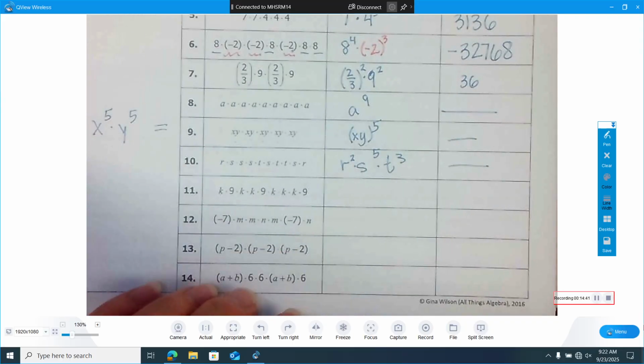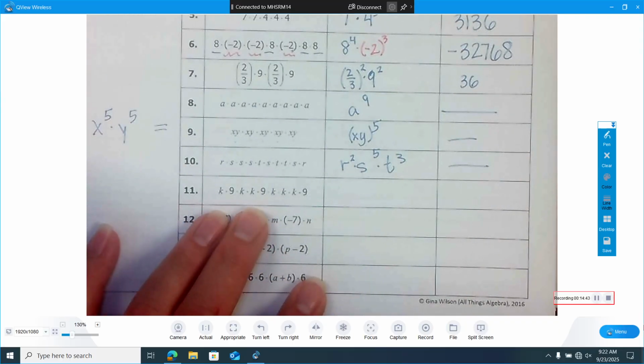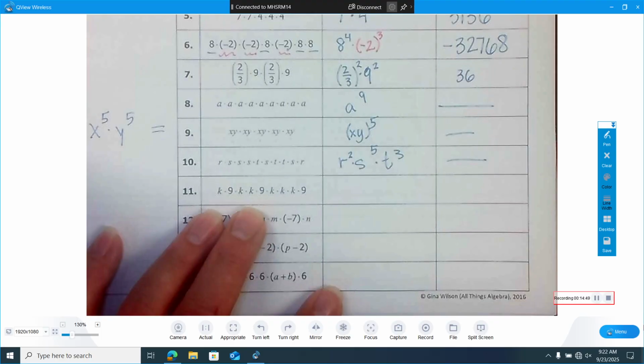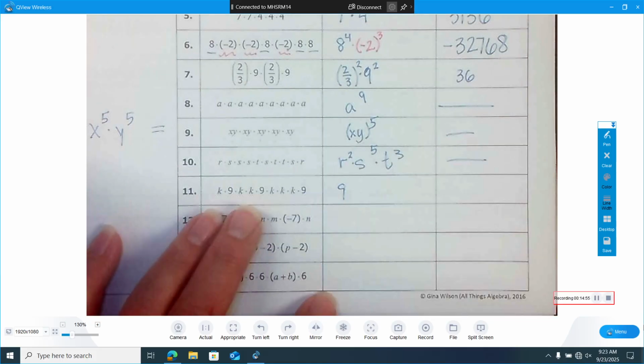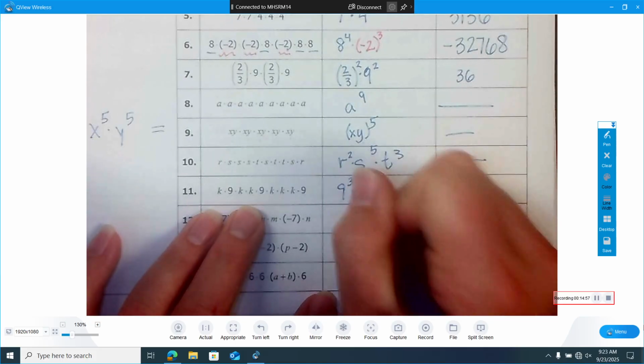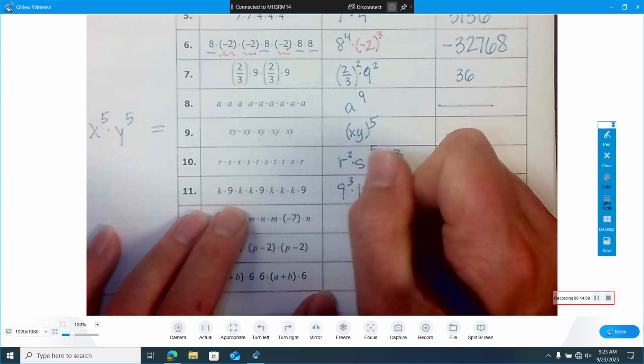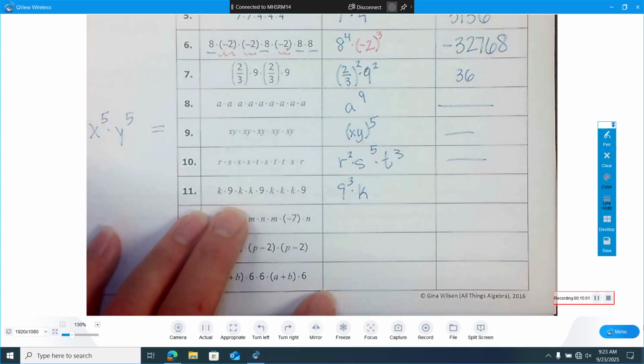All right. Number 11. What do you want to start with? K. Normally we start with numbers when we have a mixture of numbers and letters. So we have a number 9 repeated how many times? 3 times. And the letter K repeated 6 times.